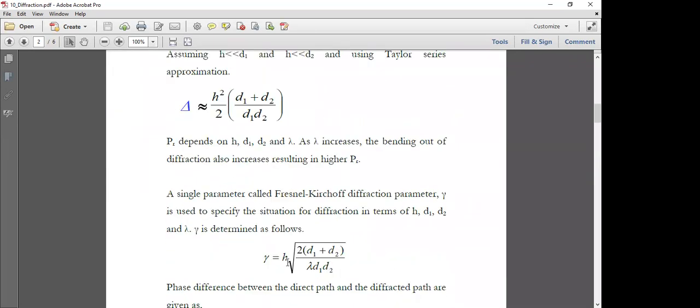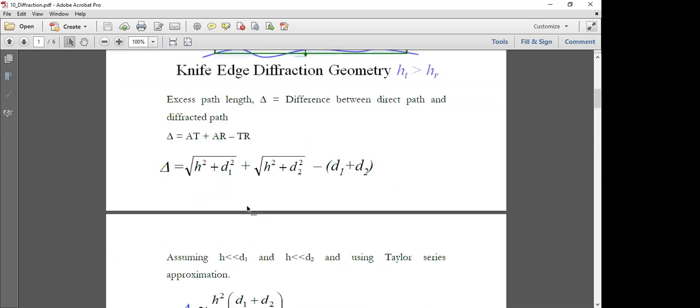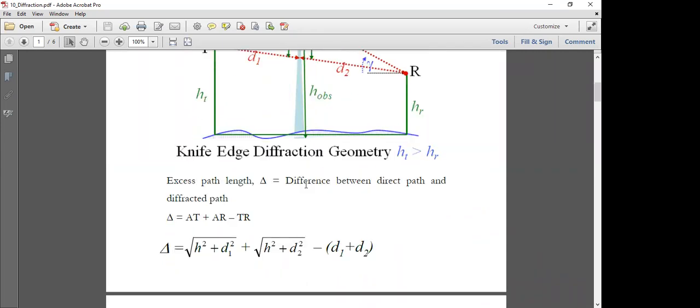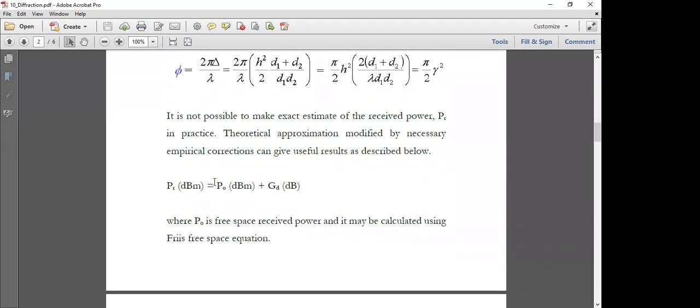Now, for this relationship, you first have to calculate the power that you would get if you had a direct ray, which you get from the free space equation. Just consider the total distance, and assume that a direct ray is possible. Using the free space equation, you calculate the power reception, that is P naught here. So P naught is the power calculated using the free space equation.